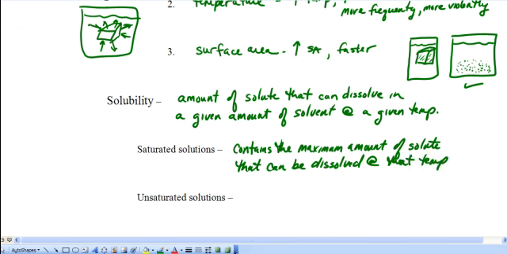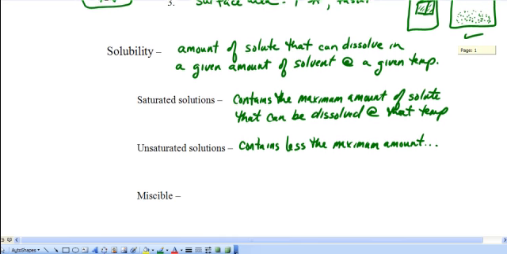If you're not at the maximum, the solution is said to be unsaturated. So we'll just say it contains less than the maximum amount. There's the difference. So you have saturated and you have unsaturated solutions.